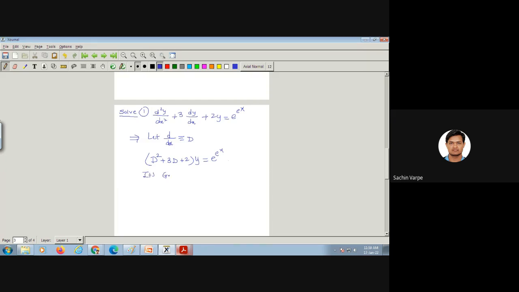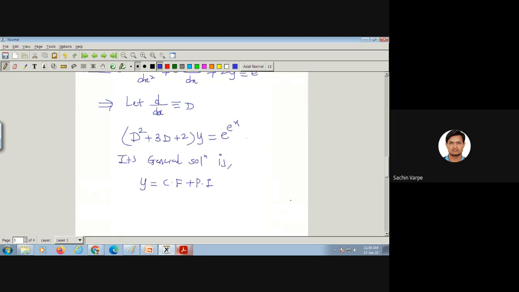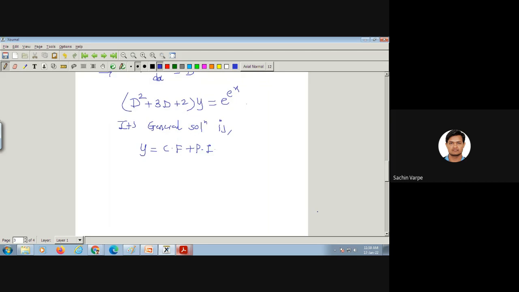Its general solution is, what is the general solution of this? y is equal to CF plus PI, yes or no? Complementary function plus particular integral. So we find the complementary function first. To find CF, how do we find CF?